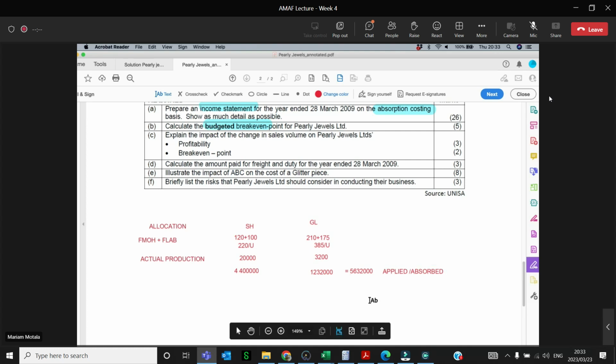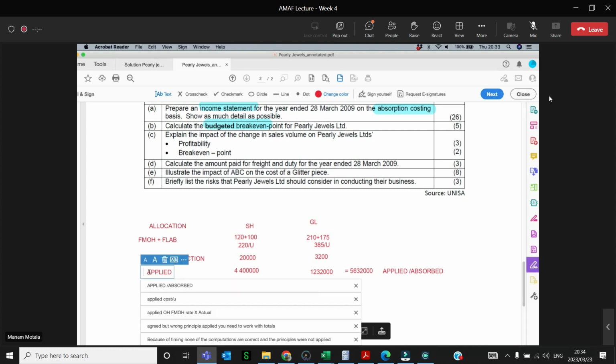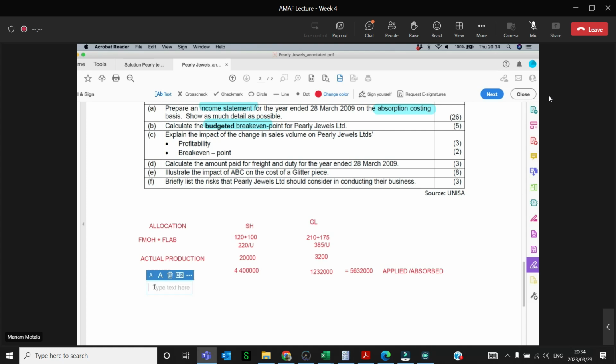Now, we've got 5,632,000. What was our actual overheads? I'm just going to write the word applied. Our actual, we have been provided in our question.